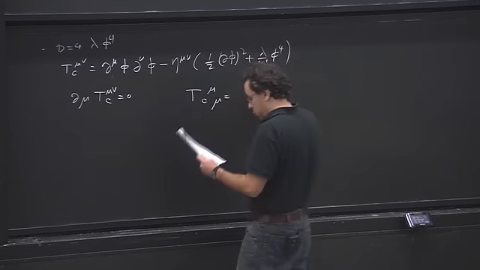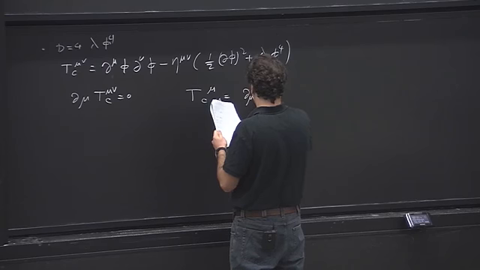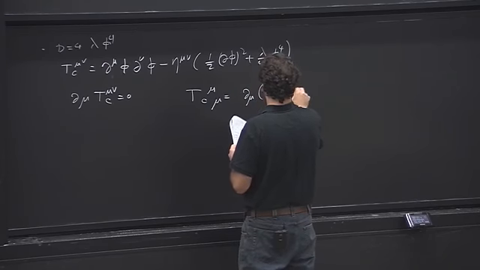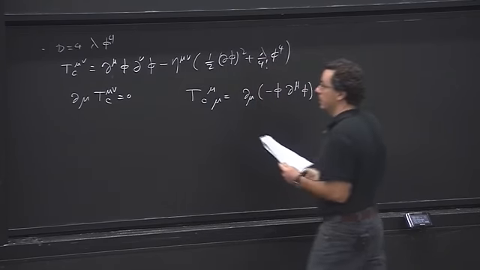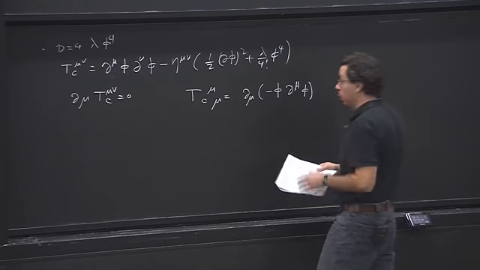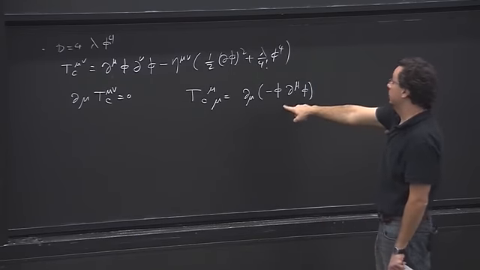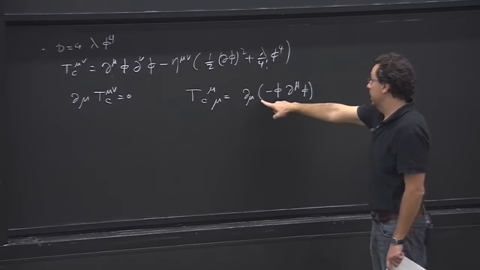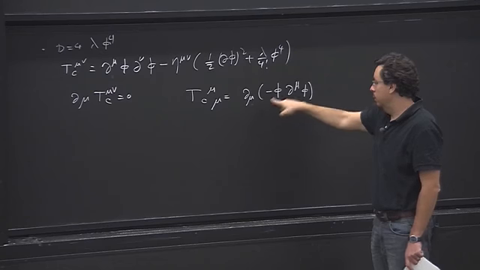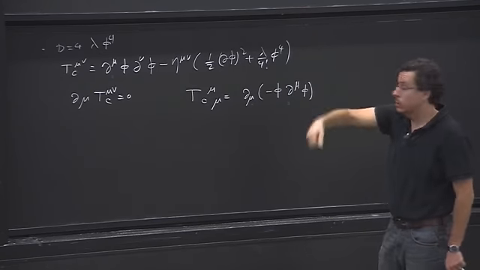and using the equations of motion, you can show that this can be written as d mu of minus phi d mu phi. This is really a triviality. Just evaluate this, take the trace, and use the Euler-Lagrange equations. So this, on the one hand, can be written as the divergence of something. That tells us that it was scale invariant. Good.